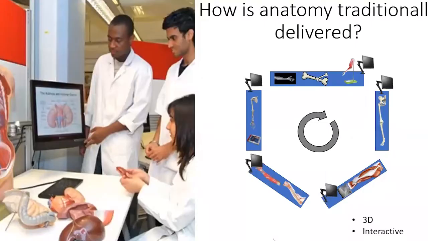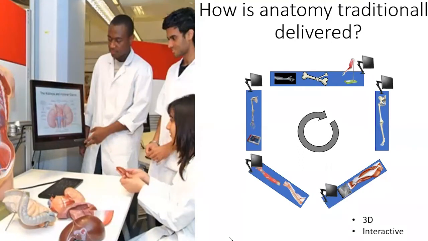So just to give you a little bit of an overview as to how we teach anatomy at Bart's. We have a fairly large year group, about 360 in first year and a similar number in second year. So we teach them anatomy in station-based classes.